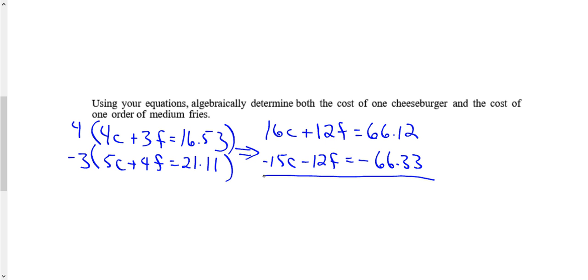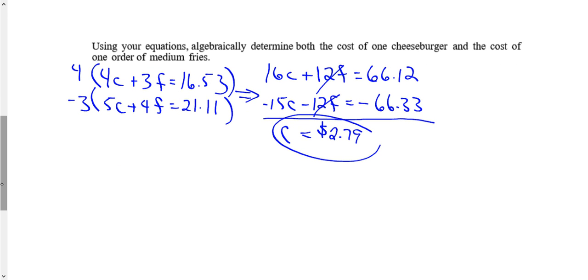So that goes away. That's going to be C equals what? 279. And what are we going to plug it back into? Whatever, it doesn't matter. So 4 times 279 plus 3F is going to equal 1653.